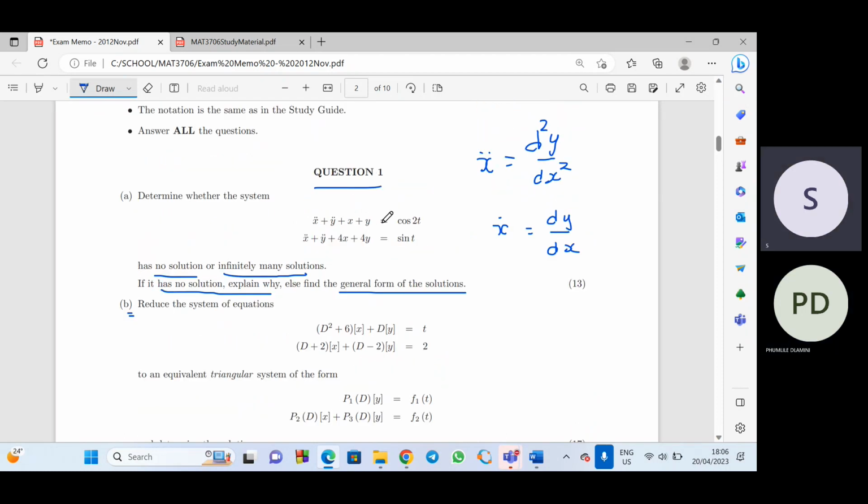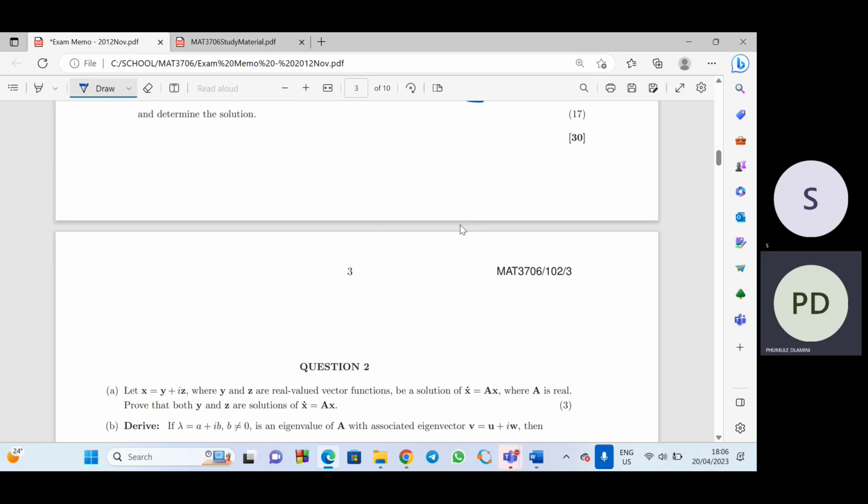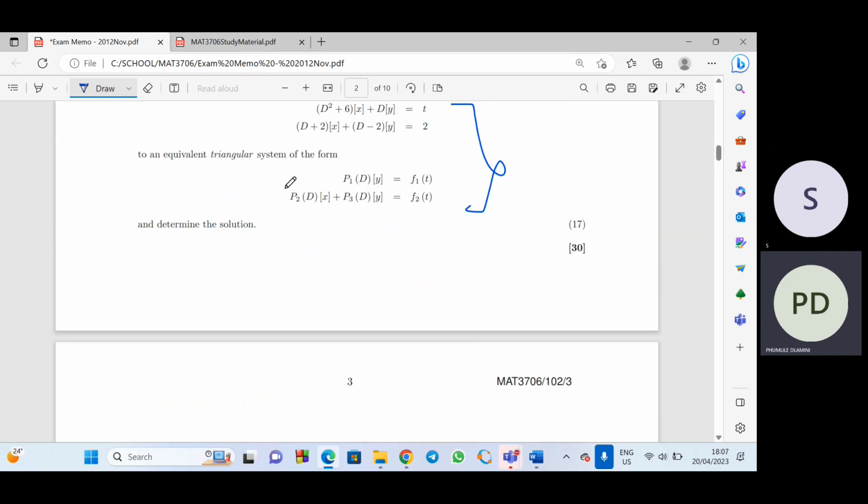Oh, okay. So it says reduce the system of equations to an equivalent triangular system of the form. Okay, this one we won't do now because it applies a different strategy from what we are working on today. It's a different chapter, which we are going to cover maybe tomorrow.